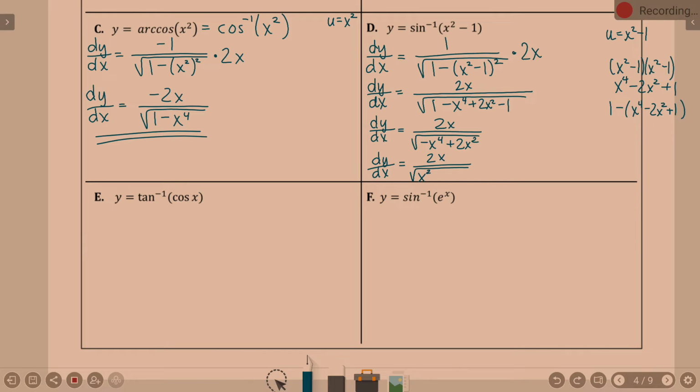When I factor that x squared out within the square root still, I'm going to reverse this so my negative isn't first. I'm going to say 2 minus x squared in parentheses, as opposed to negative x squared plus 2. Same thing, right? Now, that 2 minus x squared is stuck under the radical. However, that square root of x squared comes outside, and the square root of x squared is x.